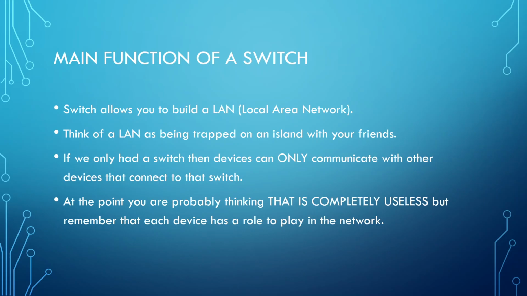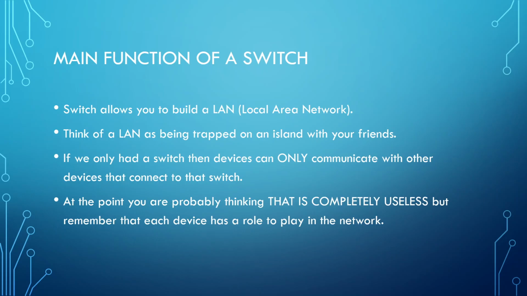So if we're going to use the island analogy, there will be another networking device specifically designed to allow, let's say, communication from your island to the rest of the known world. There will be a device specializing in protecting your island or protecting your network, etc. So it's very important to understand that these devices specialize in different things and they have a specific function which they perform.